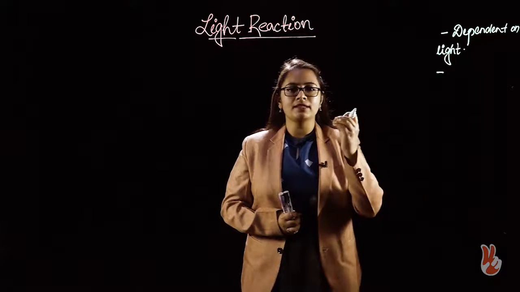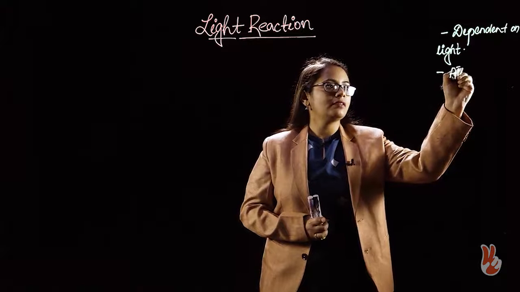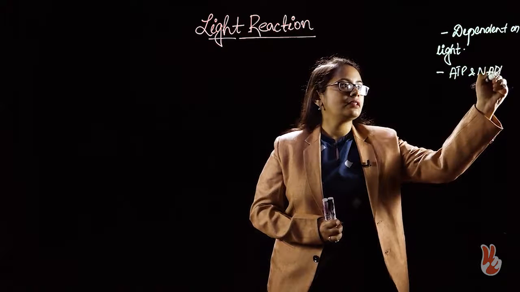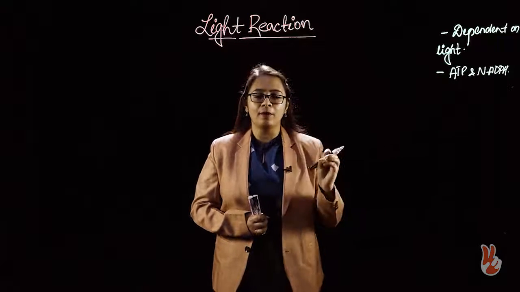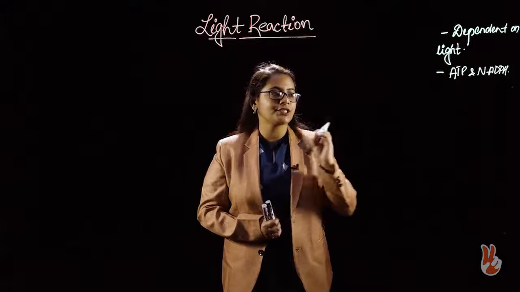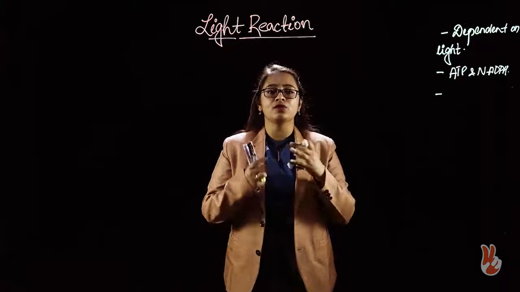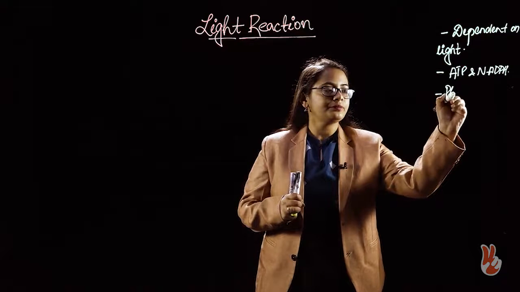The end products of the light reaction are the ATP and NADPH, and these two products that are formed at the end of light reaction will be utilized in the dark reaction. The light reaction is seen to be associated with certain types of photosystem.